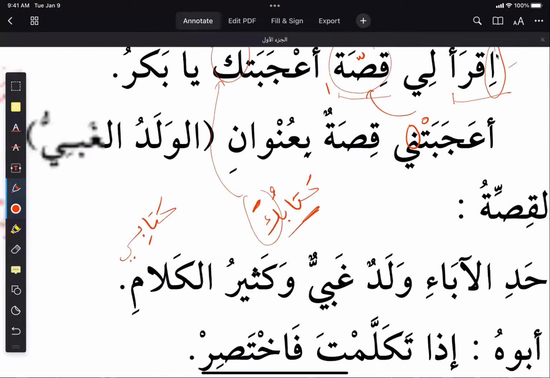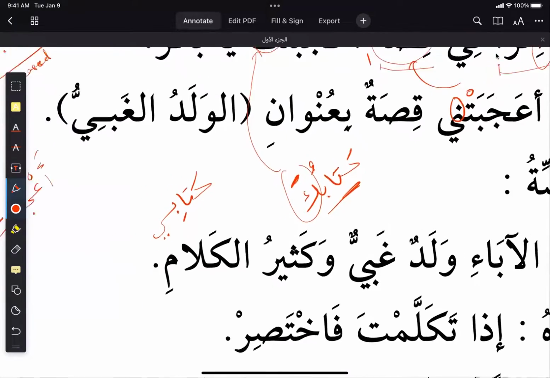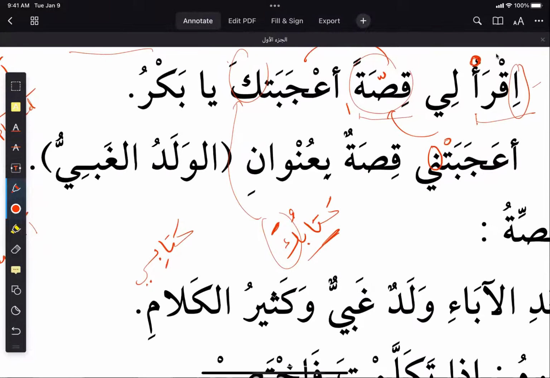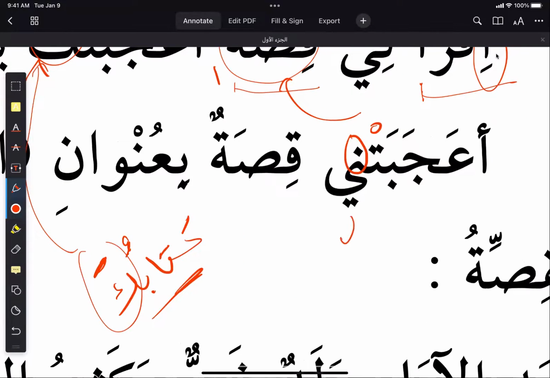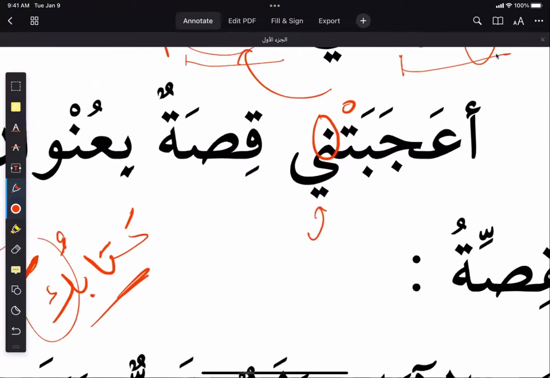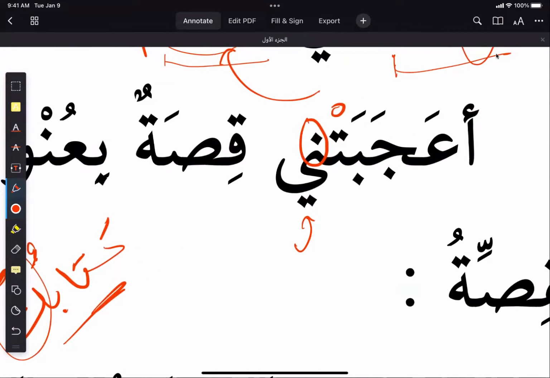But the reason why I'm bringing this up is, don't think these are too complicated. It's exactly the same nouns we're getting. You can pretty much add any other pronouns that you know. Ajabat hu, ajabat ha, ajabat na, ajabat ka, ajabat ki. You can add pretty much all of them. And likewise, you can also add ya, something that we say me, my, except that when you add ya, you have to add an extra noon.